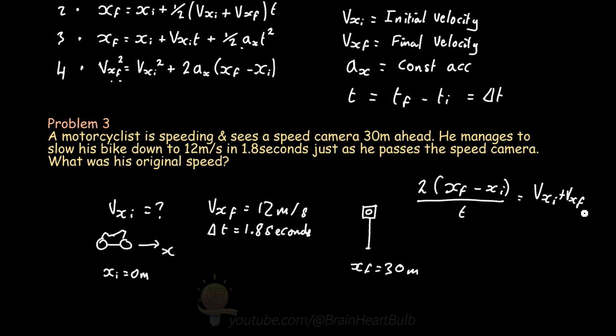We subtract the final velocity from both sides of the equation, which gives 2 multiplied by the distance travelled, divided by the time, minus the final velocity. So that's our equation.